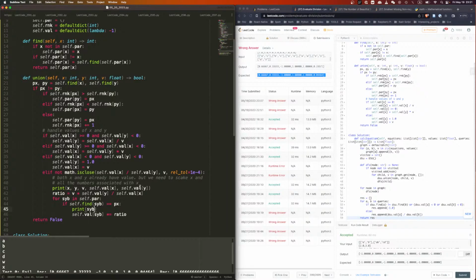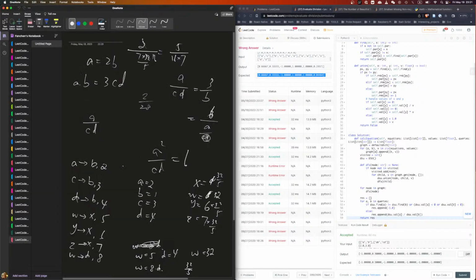I mean, they are all connected, right? Because D to B, so say D and B is connected. And W and D, right? But A and B connected.